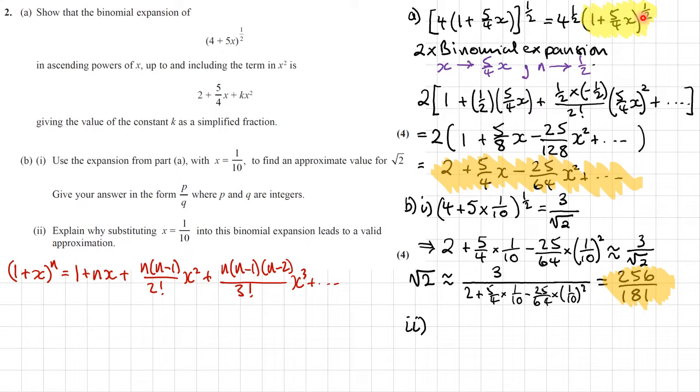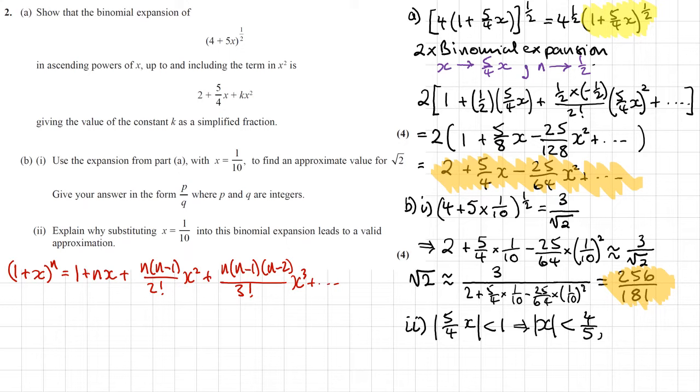We actually expanded this, and you look at this part here, the 5 over 4x, whatever that is, that needs to be less than 1, or between 1 and minus 1. So the modulus of 5 over 4x needs to be less than 1. We'll rearrange that. So we can times both sides by 4, divide both sides by 5, and we get the modulus of x is less than 4 over 5.